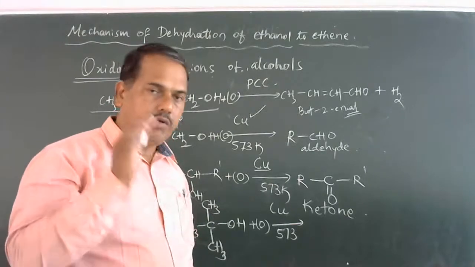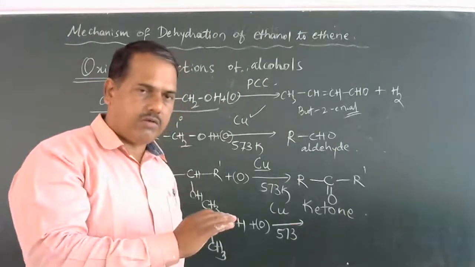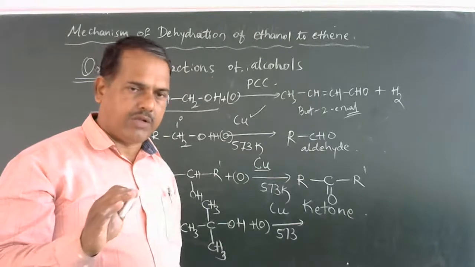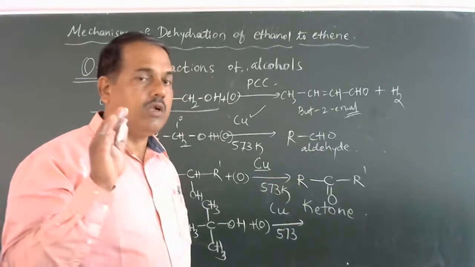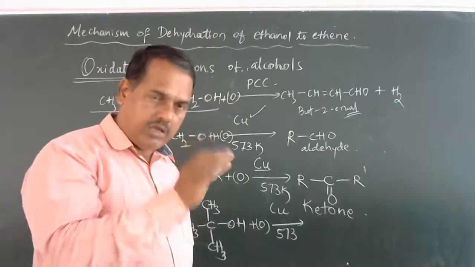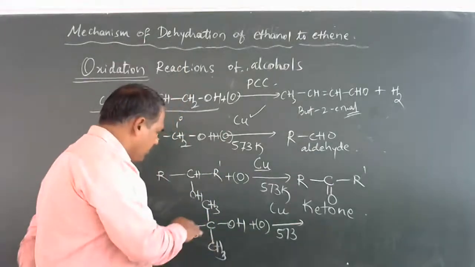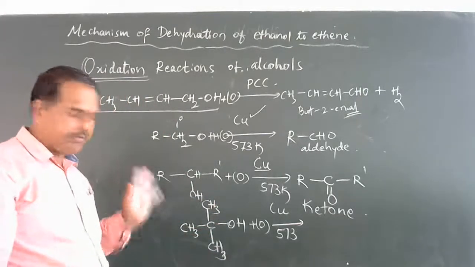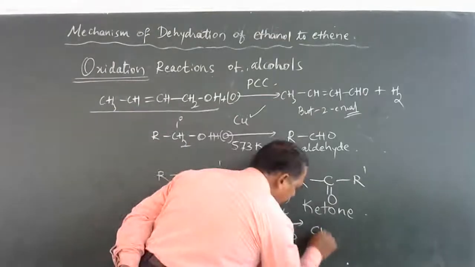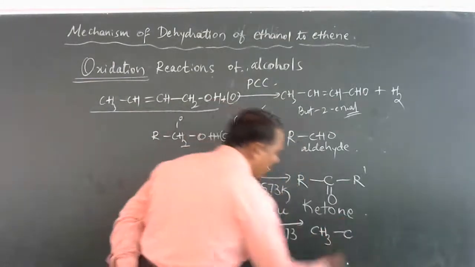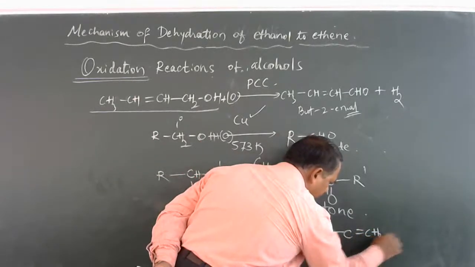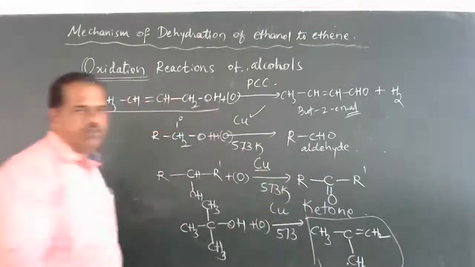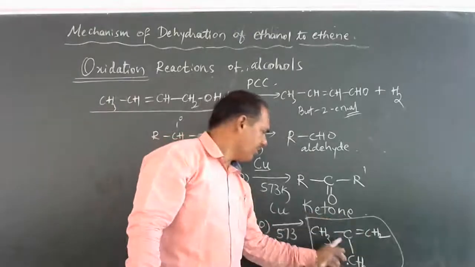Dear students, when a tertiary alcohol is treated with copper as a catalyst at 573 Kelvin, dehydration takes place, that is, a water molecule is eliminated, not dihydrogen gas. See here, CH3, C double bond CH2, and CH3. An alkene is obtained. It is nothing but 2-methylprop-1-ene.